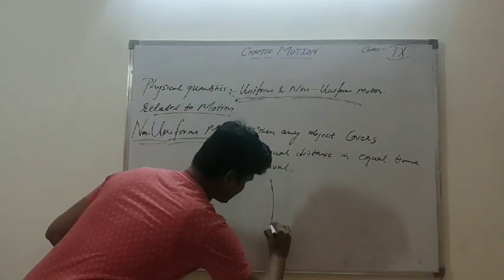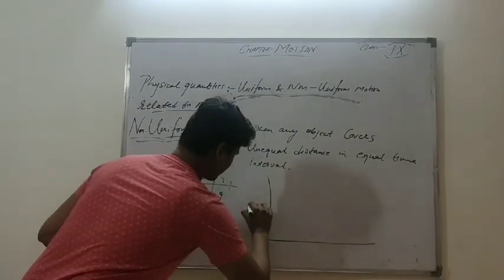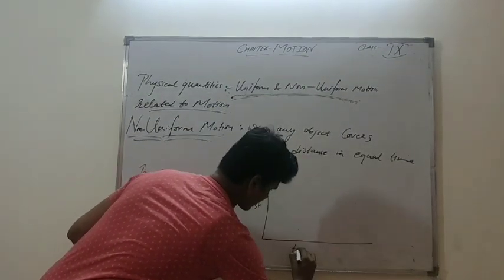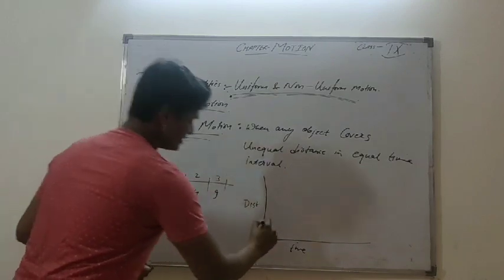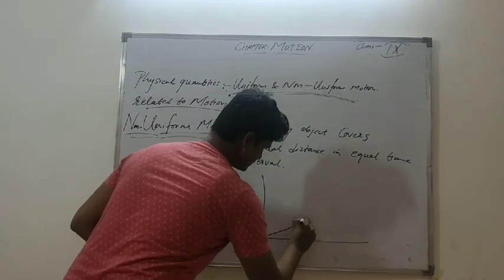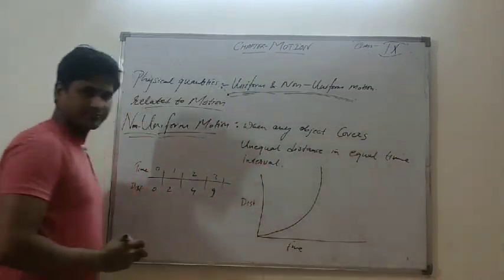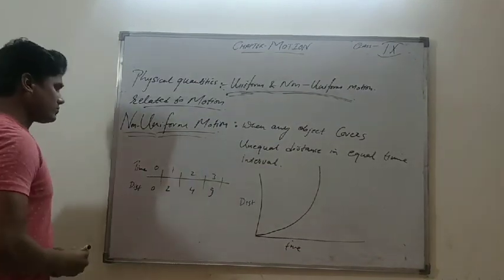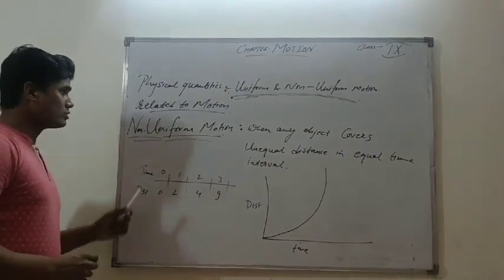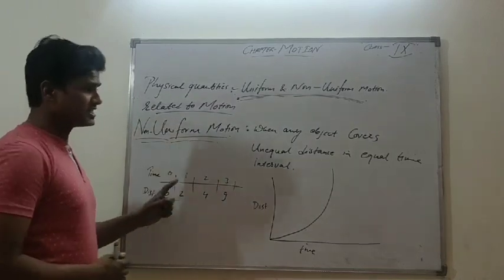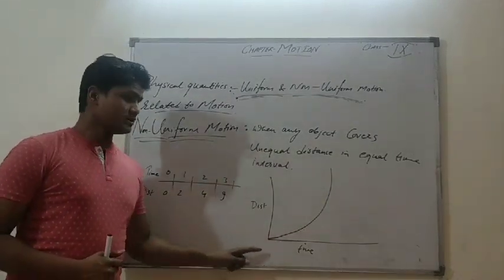From this data, the distance time graph we obtain is a curved line. It means a non-uniform motion cannot give a straight line, but it always gives a curved line.